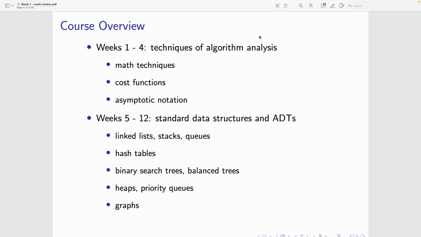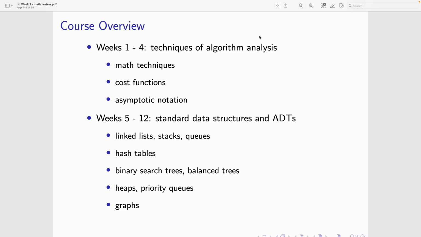And then asymptotic notation is honestly probably the most important takeaway from this course. If you go into some sort of software engineering job, you're going to be talking about asymptotic notation all the time when comparing different algorithms and implementations you could use. So that's the important stuff.